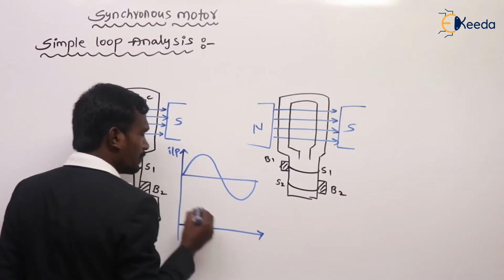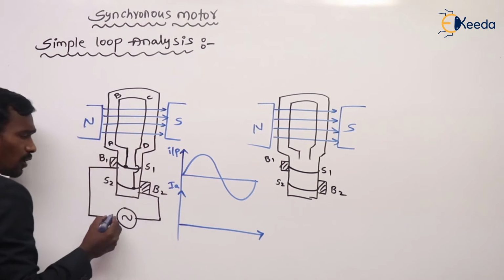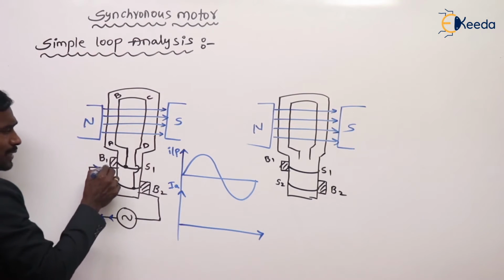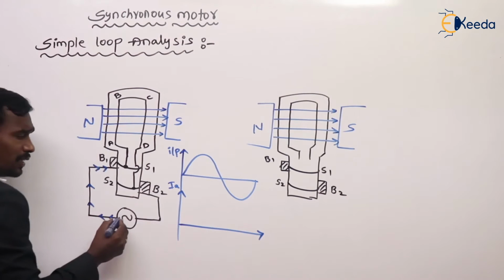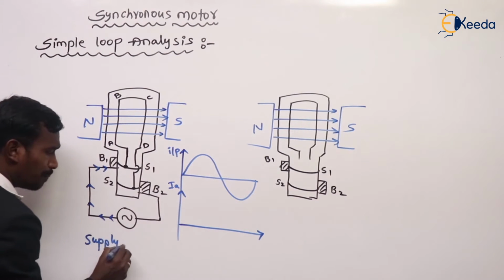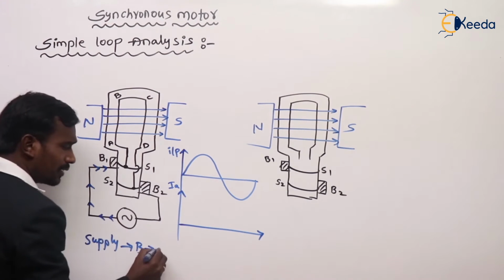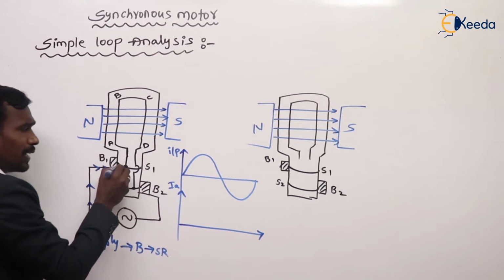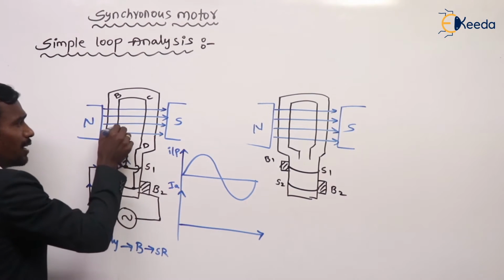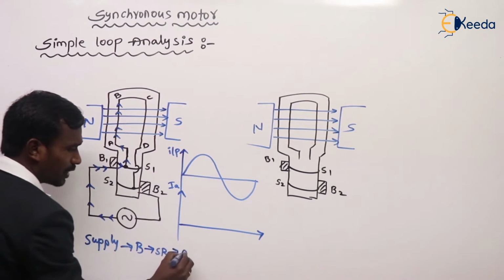Then what is the armature current or armature EMF? We have to see. So here for positive, that's why the current is flowing like this. Nothing but from supply to the brush, from brush to the slip ring, slip ring to the armature.